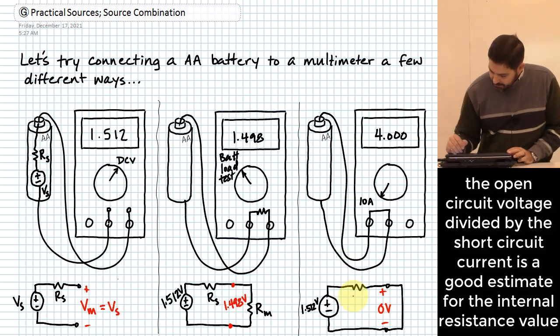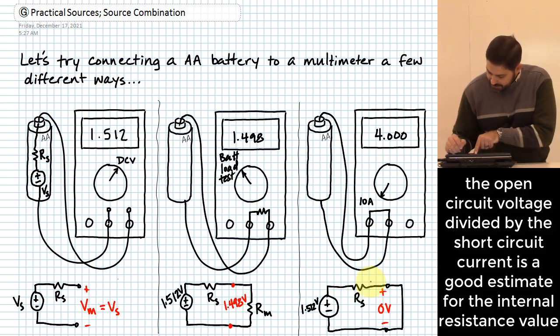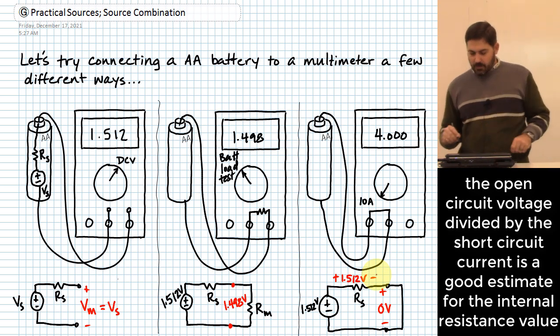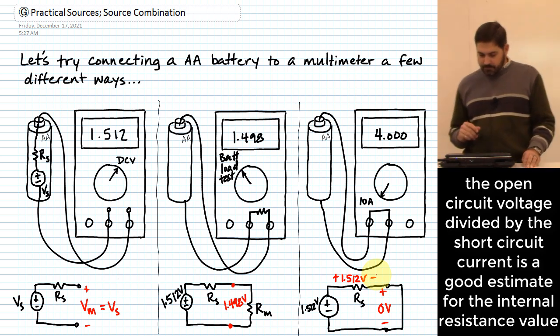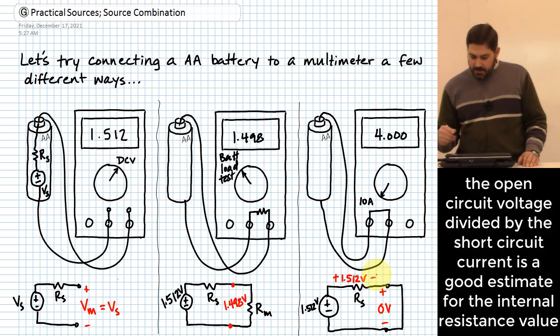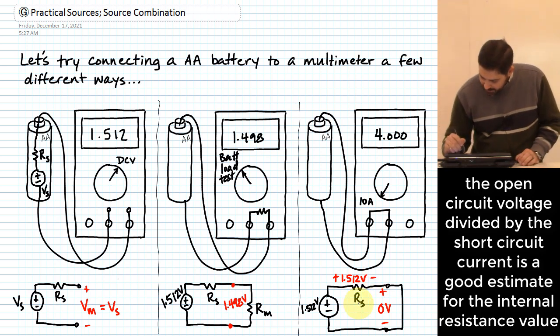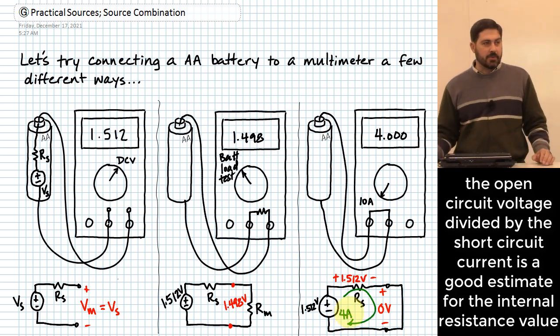So that is still RS, but we're saying that it has a voltage drop across that RS that is 1.512 volts or so. So here's my question. If that's 1.512 volts dropping across that resistor, and we measured a current of 4 amps, that's a current that goes around this way, right? About what value is that of RS?